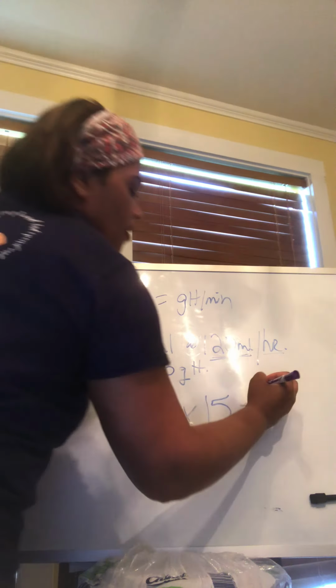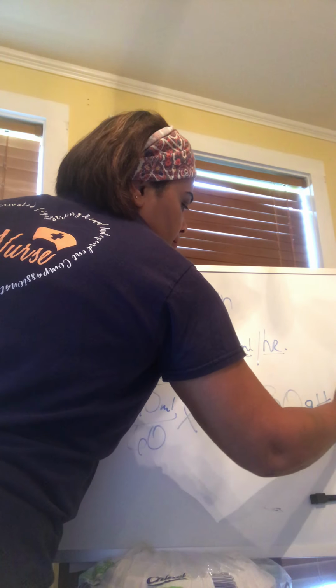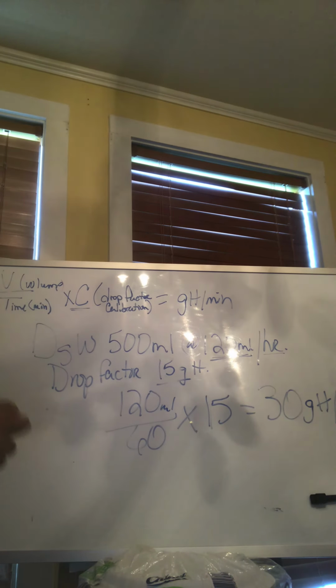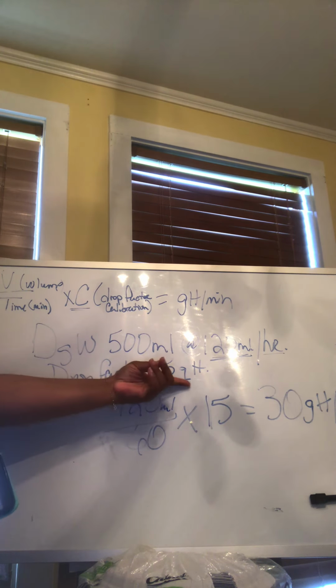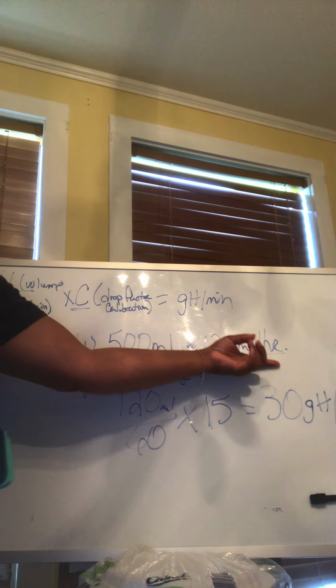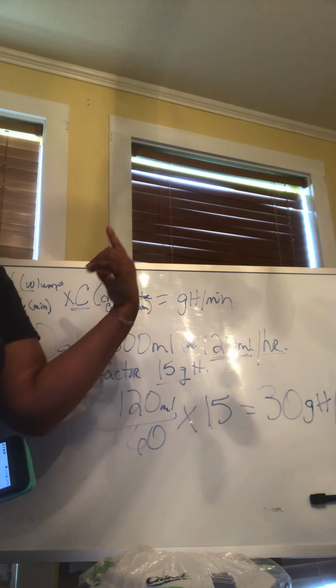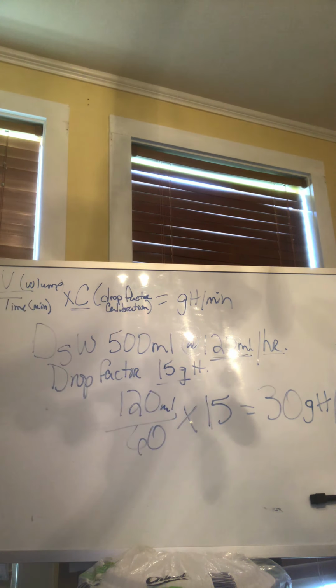And we're left with 30 drops per minute. So again, you have to look at the drop factor, because it can be the same milliliters per hour and your drop factor has just changed. And it went from 20 drops to 30 drops, okay? So that's that problem.